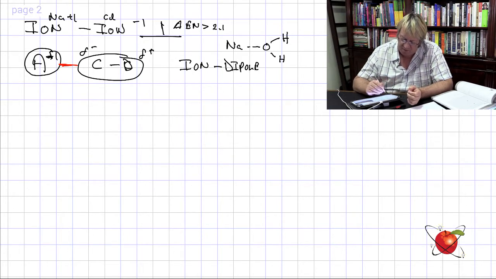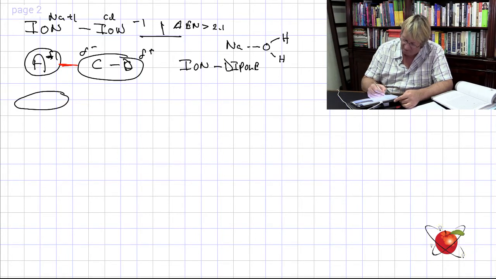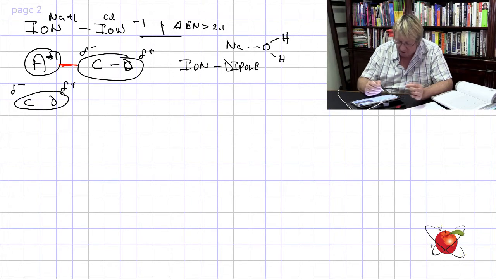Let us have a look at what else could happen. What else could go by each other? Well, we've got an ion going by a dipole. What happens if we have our trusty dipole over here, CD? This side is positive, this side is negative, and along comes a different dipole, EF.